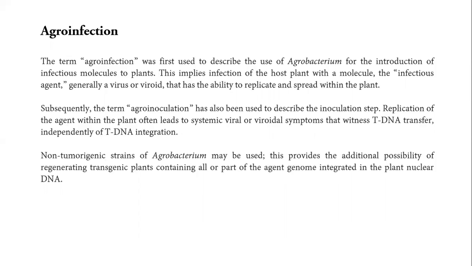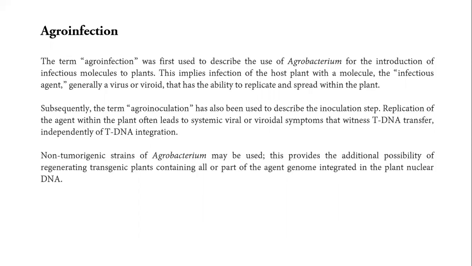If we want to transfer T-DNA independently, the important thing is that we don't need any type of binary vectors. That means we do not need the vir region from the Ti plasmid or Ri plasmid, and only the T-DNA can be transferred using the viroidal and viral symptoms. And here, no tumorigenic strains of Agrobacterium are used.